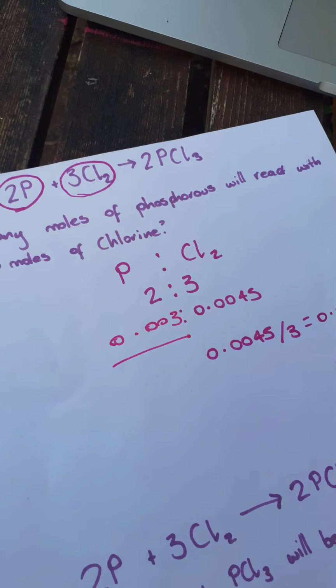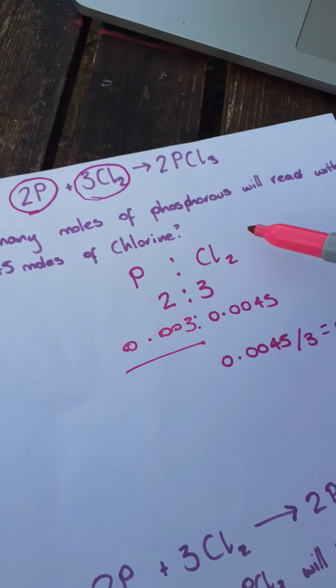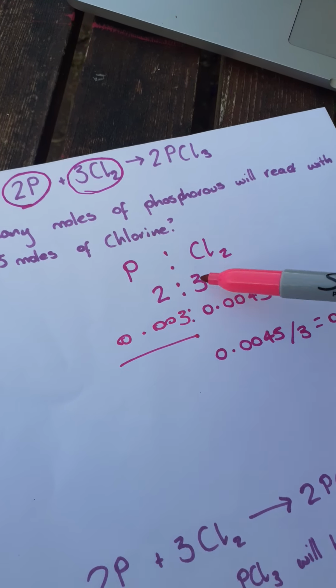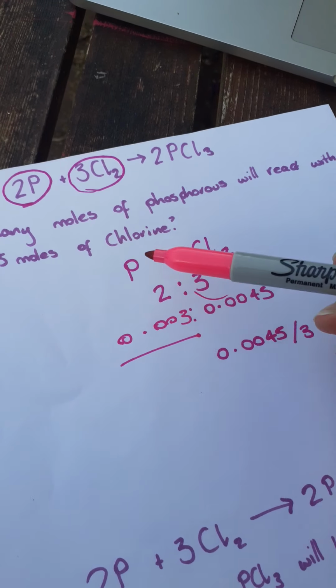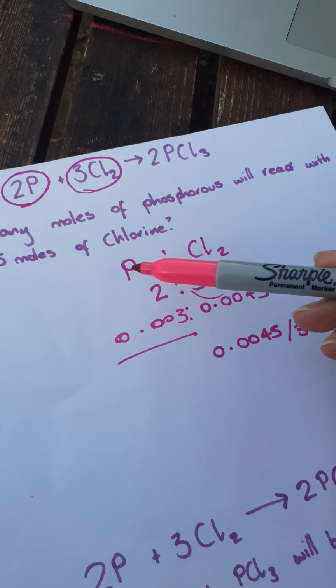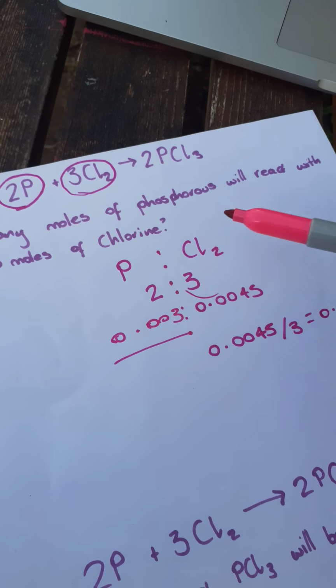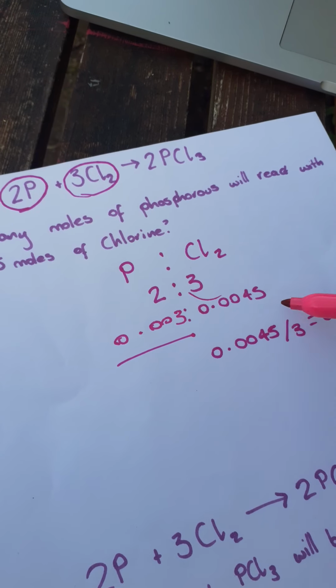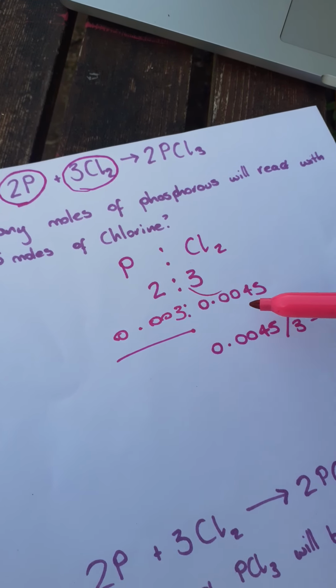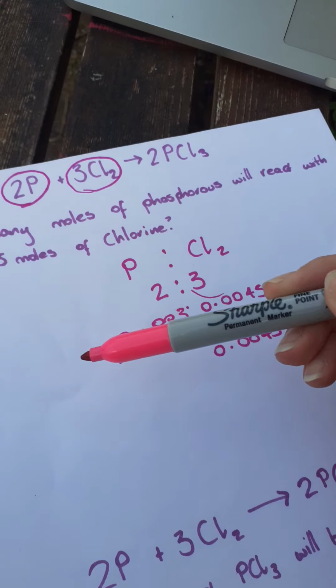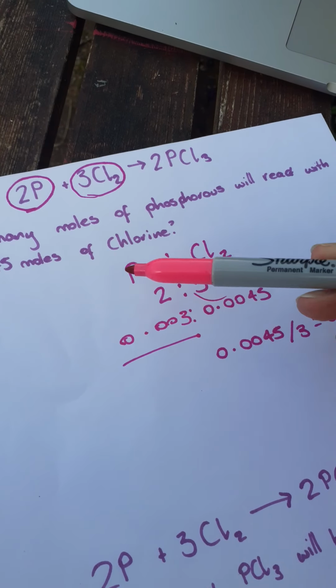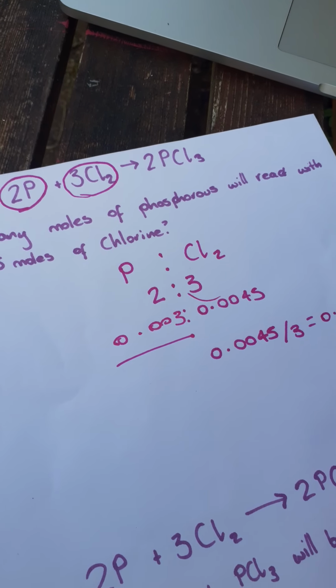And that's our answer. So if 3 moles of chlorine reacts with 2 moles of phosphorus, but we don't have 3 moles of chlorine, we have 0.0045 moles of chlorine, it would react with 0.003 moles of phosphorus.